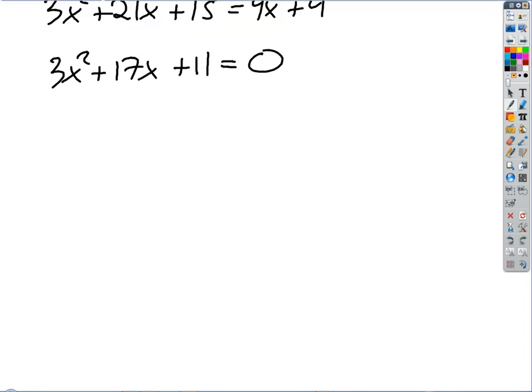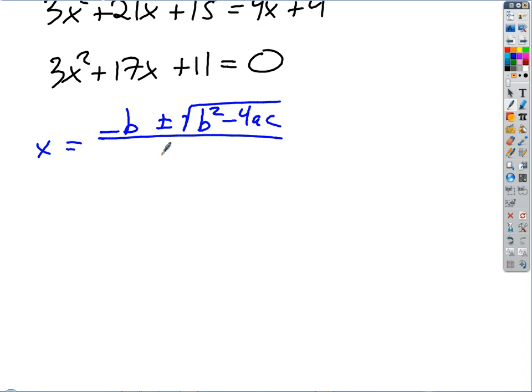Let's write down the quadratic formula. x equals negative b plus or minus the square root of b squared minus 4ac, divided by 2a. And remember, it's all divided by 2a. The fraction bar goes under the whole thing, right?